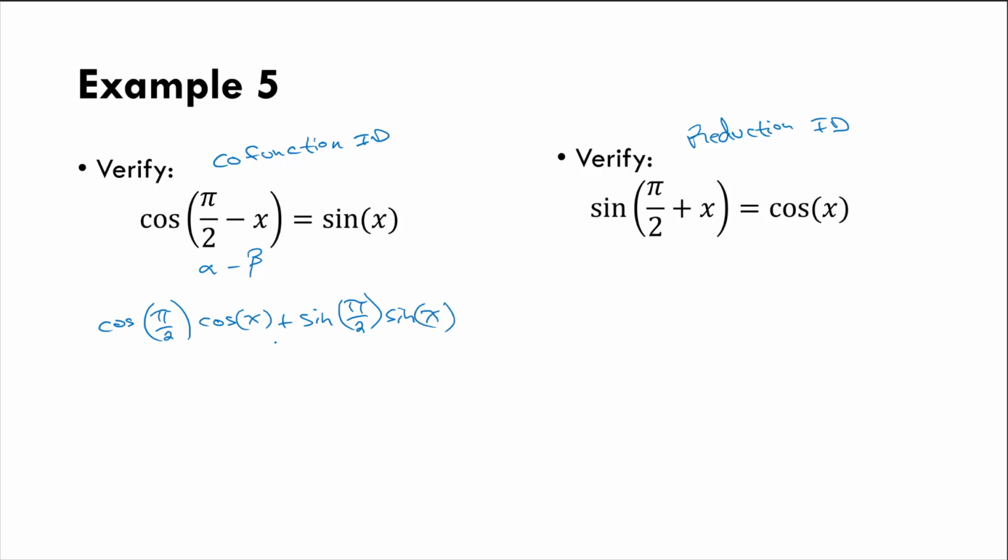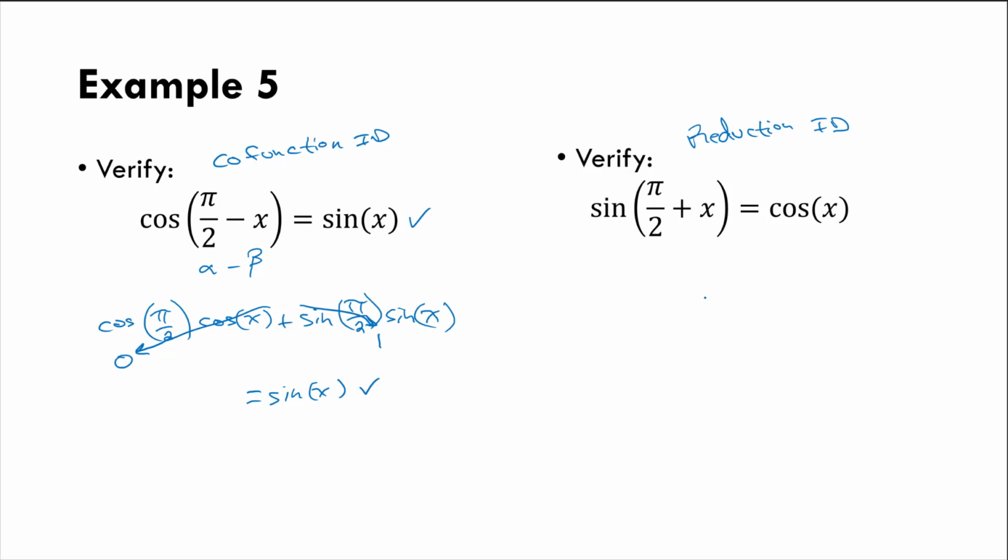I know that the cosine of pi over 2 is 0, and sine of pi over 2 is just 1. So this simplifies to sine of x, which is the right-hand side of my equation, so that checks out.